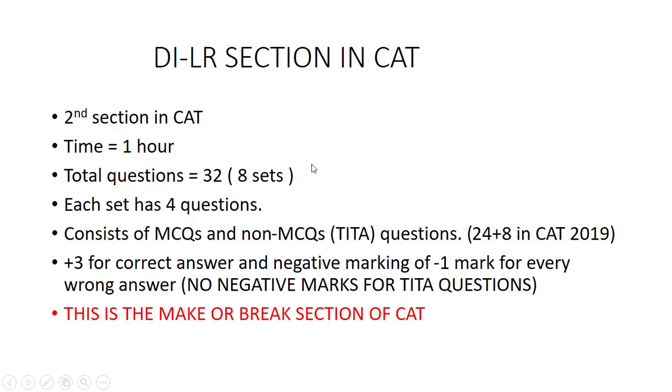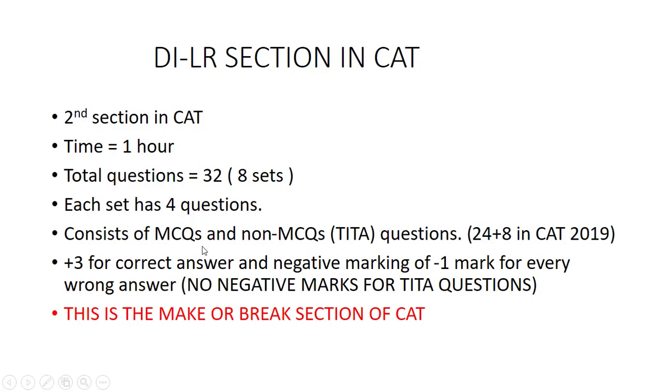Each set has 4 questions, which gives a total of 32 questions in the DI-LR section. This section consists of both MCQs as well as non-MCQs. In the CAT 2019, there were 24 MCQs and 8 non-MCQs. For the non-MCQ questions, you have to type in your answer. That is why these questions are called TITA questions.